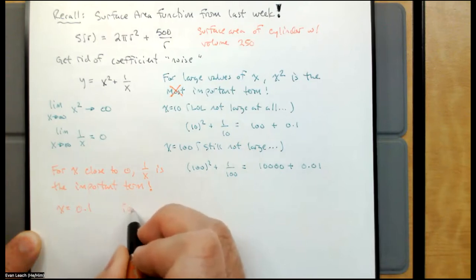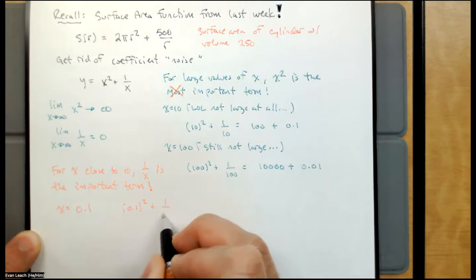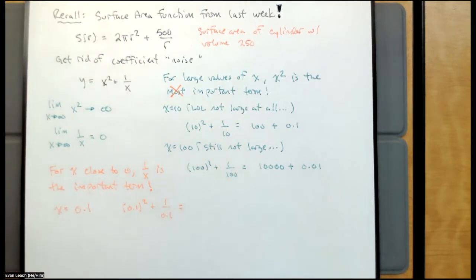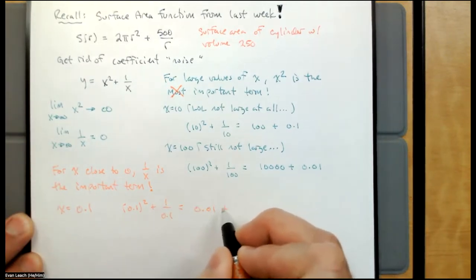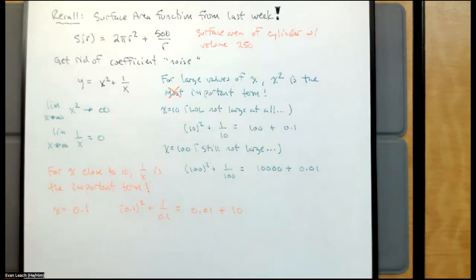I've got 0.1 squared plus 1 over 0.1. The 0.1 squared is 0.01, 1/100. But the 1 over 1/10 is a 10. So for values of x that are close to 0, it's 1 over x that matters.